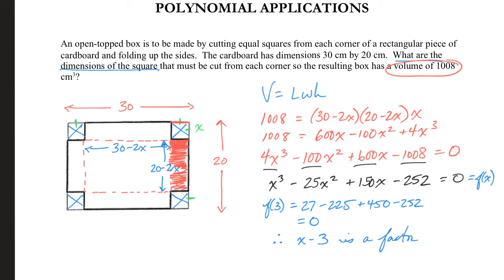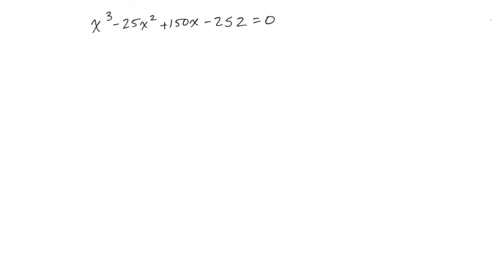So what we found then was that we had this equation and we just found that x minus 3 was a factor. And so I can go through the process of comparing coefficients to be able to get to a factored form from that original equation. So I can see that I'm going to multiply x by an x squared to get back to an x cubed.